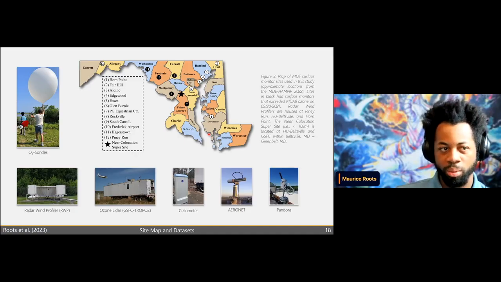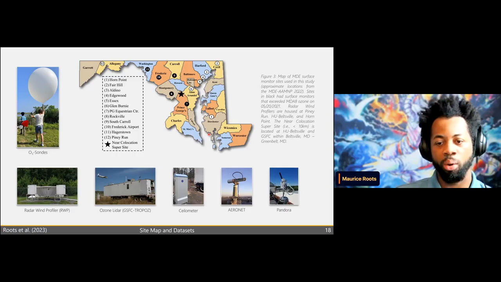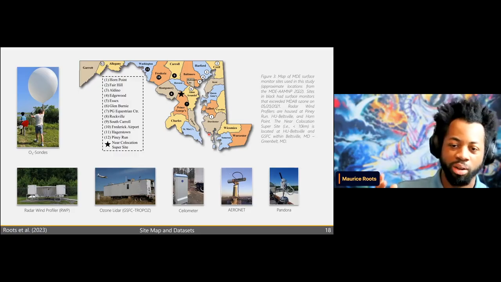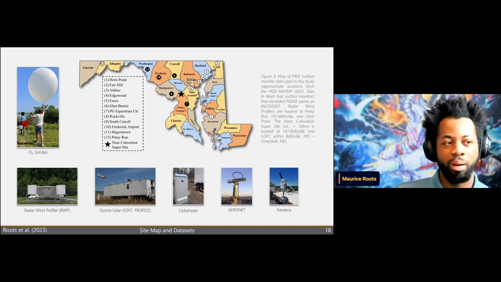More measurements like this, and this is also kind of a new thing. Ozone sondes have been around for quite a long time. It's a really simple measurement where potassium iodide reacts with ozone, you get two electrons, and you can just measure that on a circuit. Very simple, really old technique.